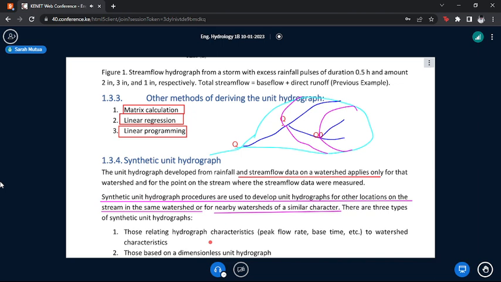And then even flowing towards the coastal area, you'll find that those are rivers with different characteristics. So if you are to develop a synthetic hydrograph, the application should be in watersheds that have the same characteristics.